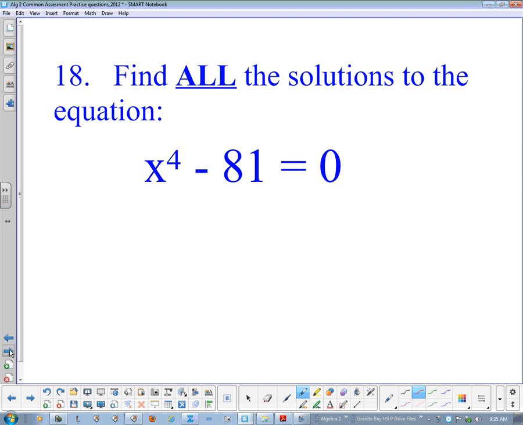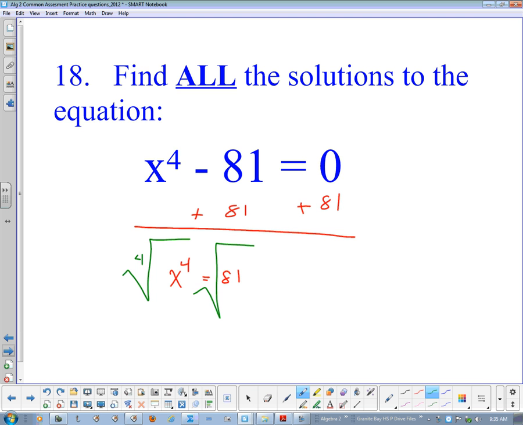Okay, let's see. Plus 81, plus 81. We end up with x to the 4th is equal to 81. When we take the 4th root, make sure that index is 4 there. We have x is equal to the 4th root of 81, which is 3. Should it be plus or minus? Yes.